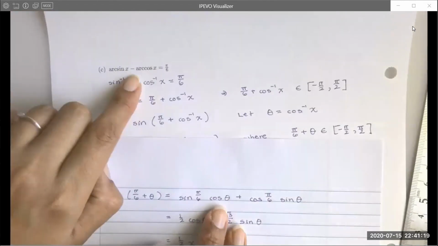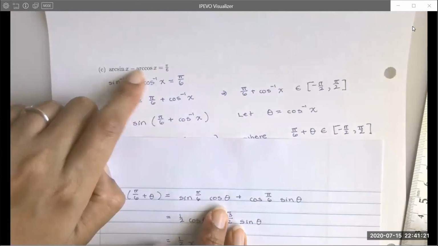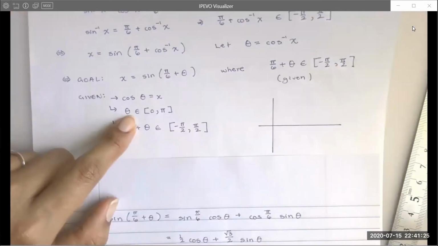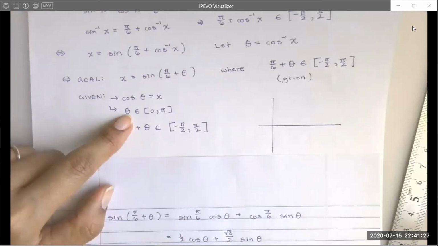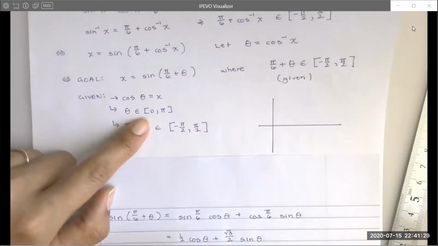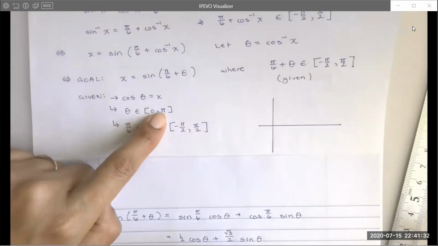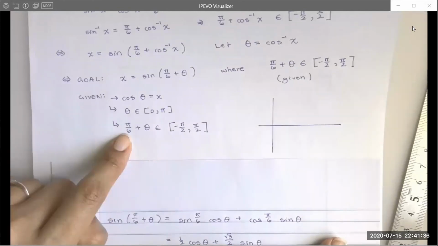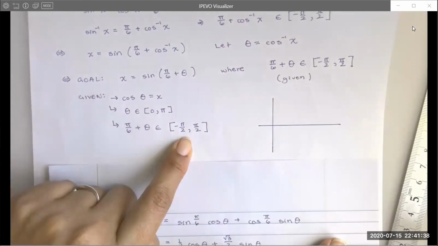Okay, so we didn't have numbers here, we just simply had x. But from what we were able to figure out, those two told us that theta has to satisfy being between 0 and pi, and it also has to satisfy that when you add pi over 6 to it, it's between negative pi over 2 and pi over 2.